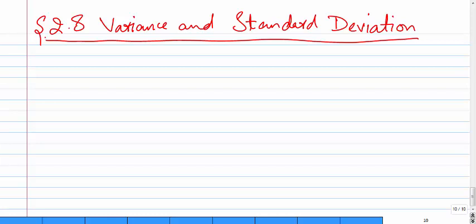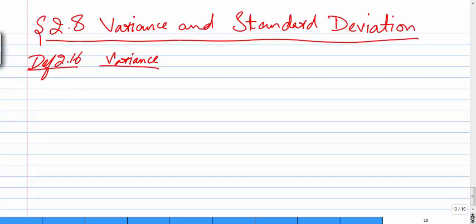Now there are other properties that we can use. The first one is the variance. If we look at the definition, it is 2.16. So this is variance.